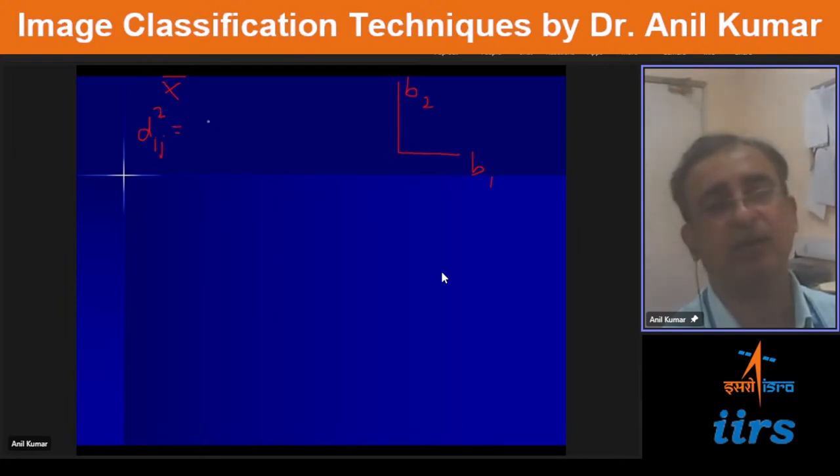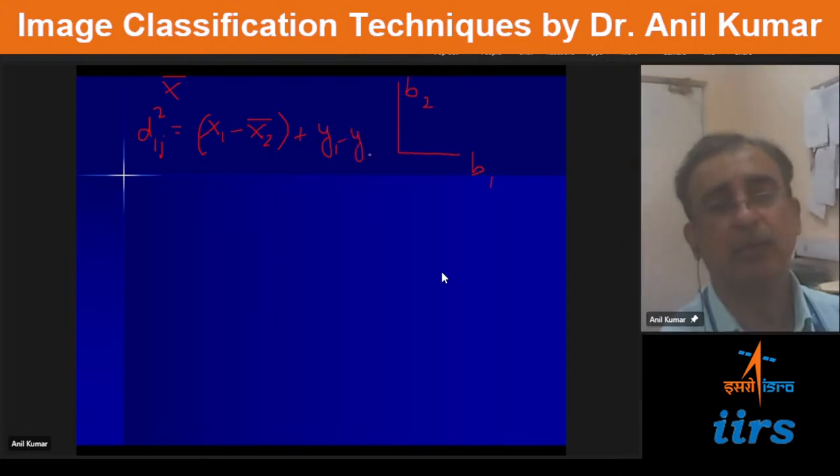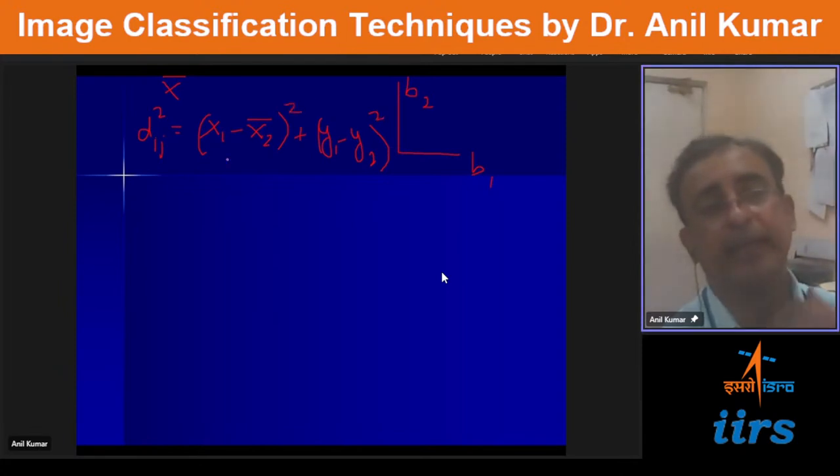So the distance is the square root of (x1 minus x2 bar) squared plus (y1 minus y2 bar) squared. Here this is the unknown pixel vector, and this is the known mean of the class. Here i is the pixel and j is the class. If j is equal to 1, that means it is class 1, say water, and if j is equal to 2, then it is class agriculture.